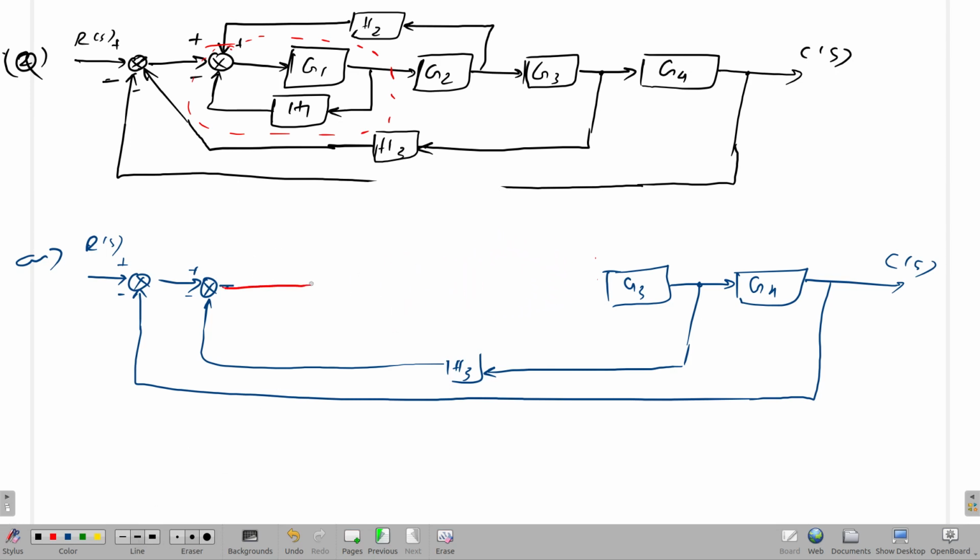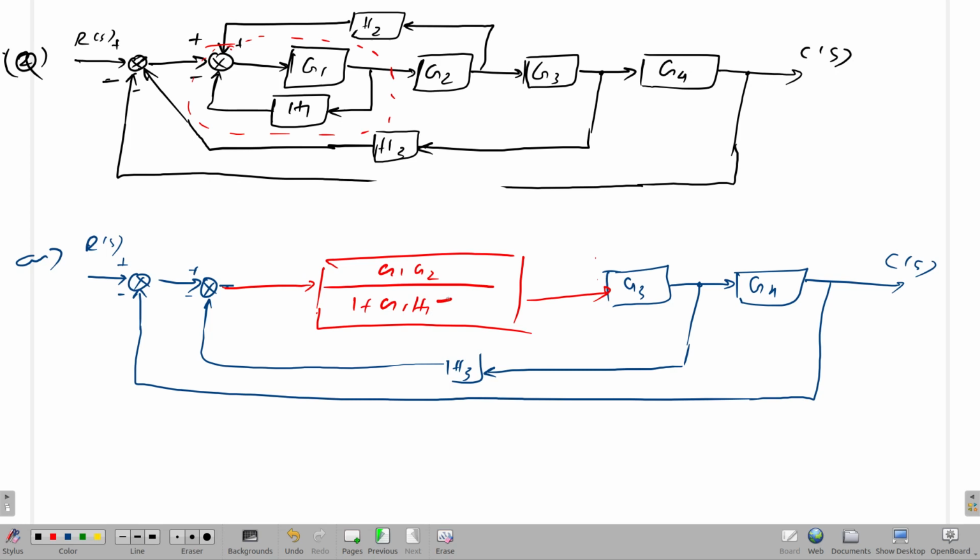So you can replace this with one block. What will it be? It will be G1 G2 divided by 1 plus G1 H1 minus, because it was a positive feedback here, right, minus G1 G2 H2.